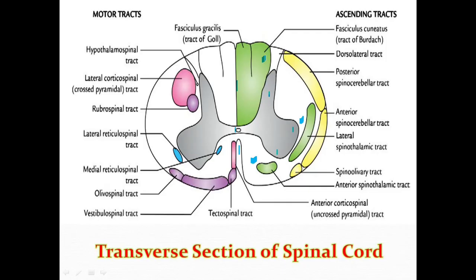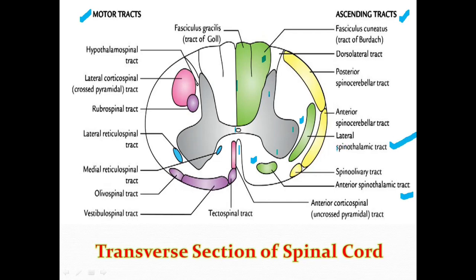In this cross section, on the right half we could talk about the ascending tracts, and on the left half we could look at the motor tracts, that is the descending tracts. Especially in the anterior white column, you could identify the anterior spinothalamic and the lateral spinothalamic.